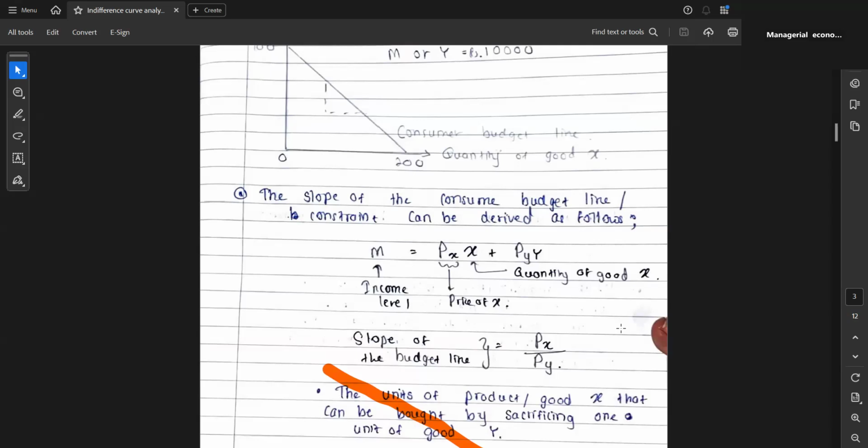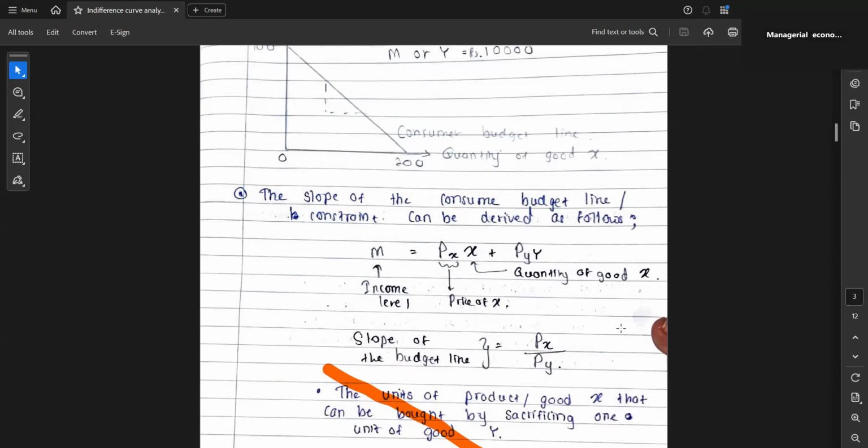So in here, the consumer budget line is provided in terms of quantity. Similar to the indifference curve, we are saying how willing the consumer is to sacrifice good Y to consume an extra unit of good X, but in terms of money value. So in order to consume an extra unit of good X, how much of the price of good Y does the consumer have to sacrifice?